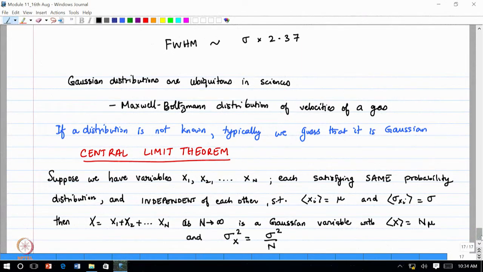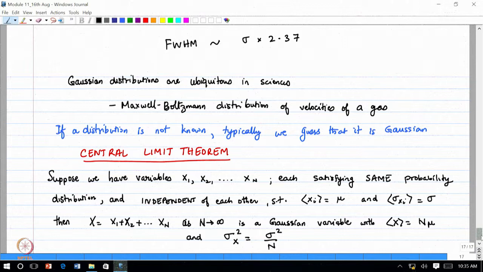So, this theorem basically says that if you have a large number of variables, and these variables might satisfy any distribution, but they should satisfy the same probability distribution and they should be independent of each other, then their sum looks like a Gaussian variable.